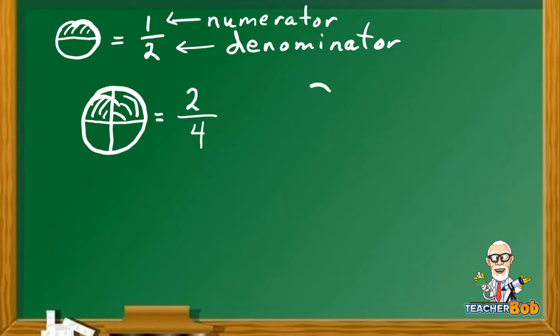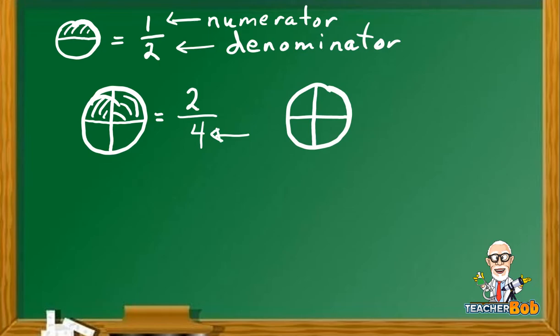Now, if I was to draw another whole and divide it into 4 pieces also, we are talking about common denominators today. And we know what a denominator is. That's the bottom part of the fraction. Common meaning it's the same. So we have 4 on the bottom in this particular picture.